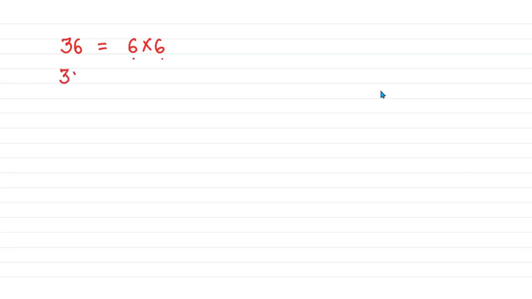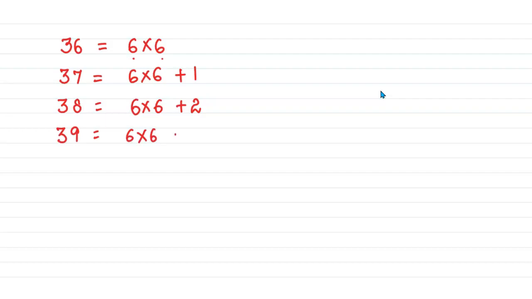Next number is 37. So 37 can be written as 6 times 6, that is 36, plus 1, and this 1 is the remainder. The number 38 can be written as 6 times 6 plus 2. The number 39, 6 times 6 plus 3.